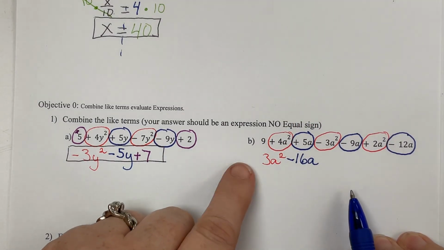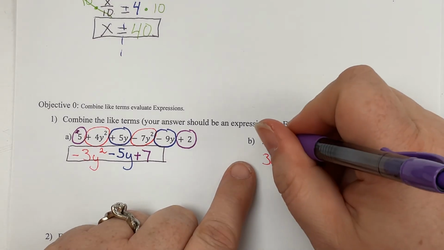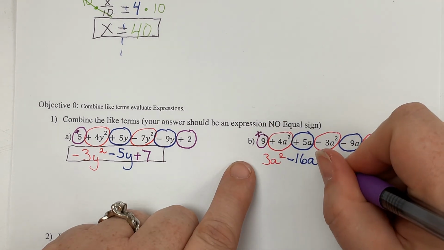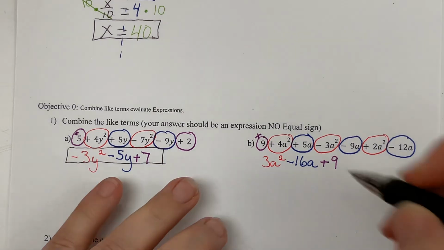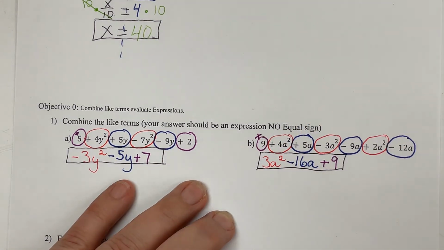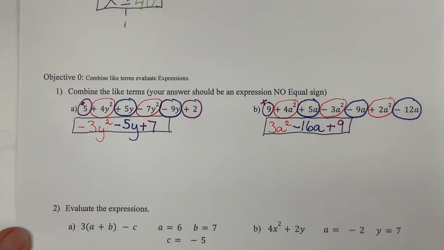And oh, look, there's just a lonely little 9 over there, hanging out all by his lonesome. And there's no sign, so it's a plus 9. All right, that's it. That wasn't too bad.